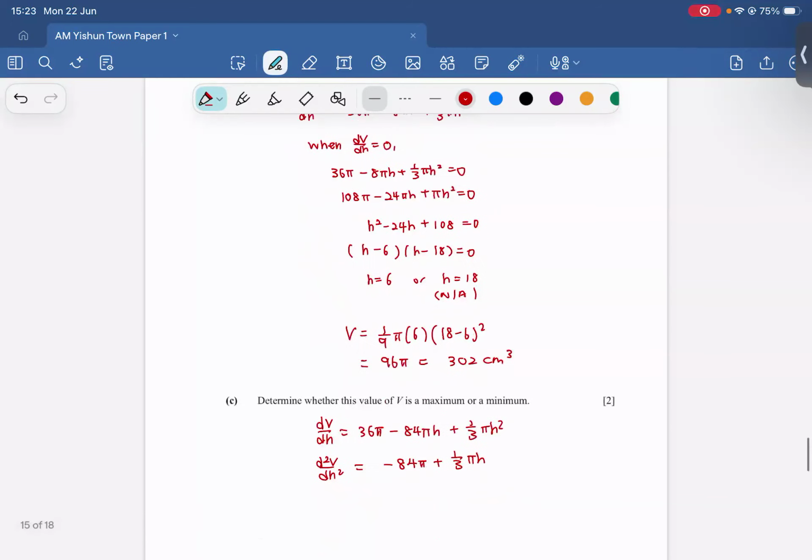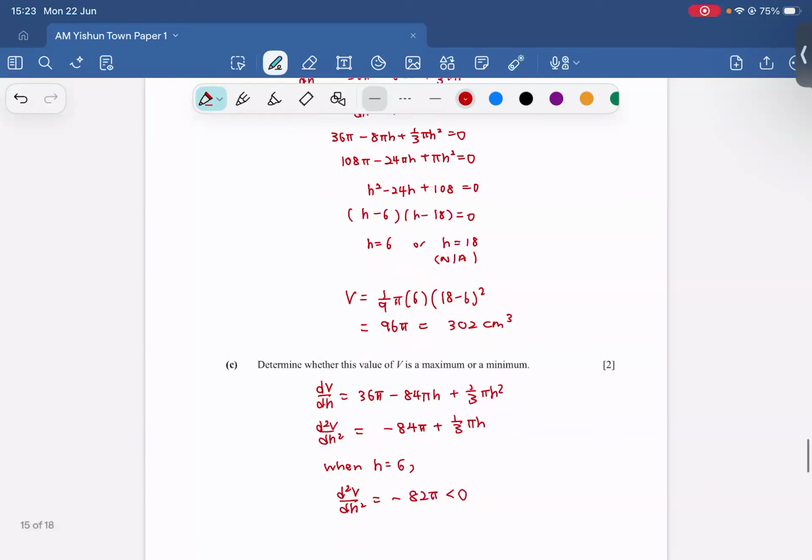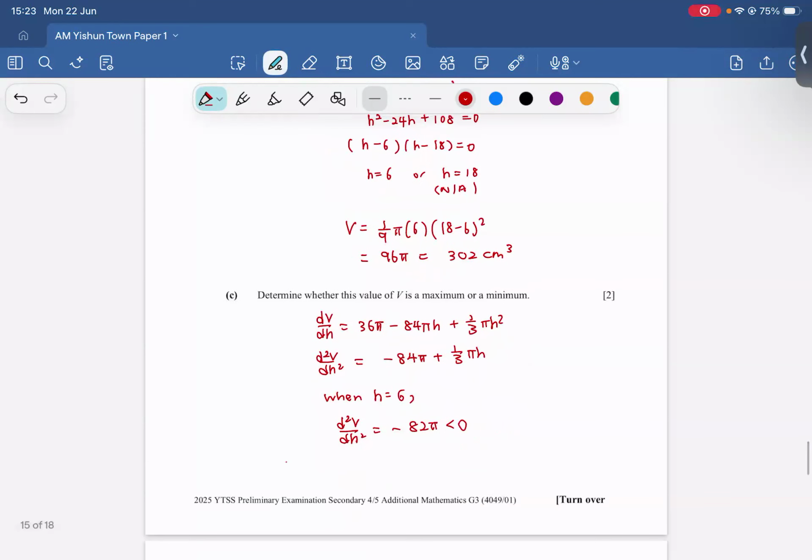So we sub when h is 6, d2V over dh squared is equal to negative 82 pi, which is less than 0. So therefore, V is maximum at h equals 6.